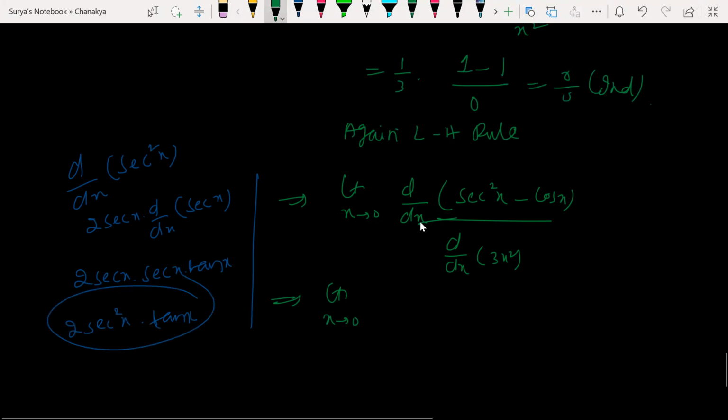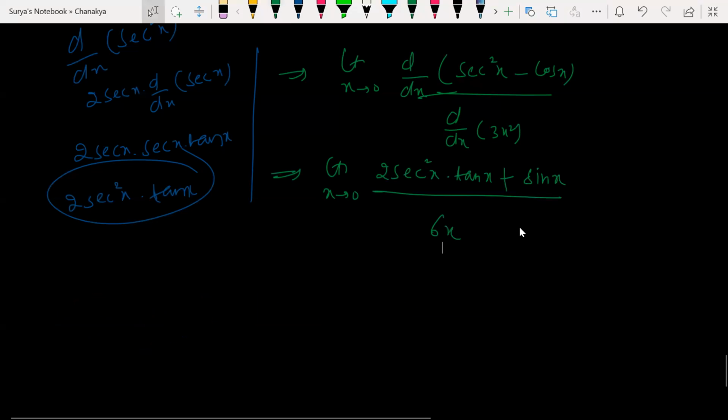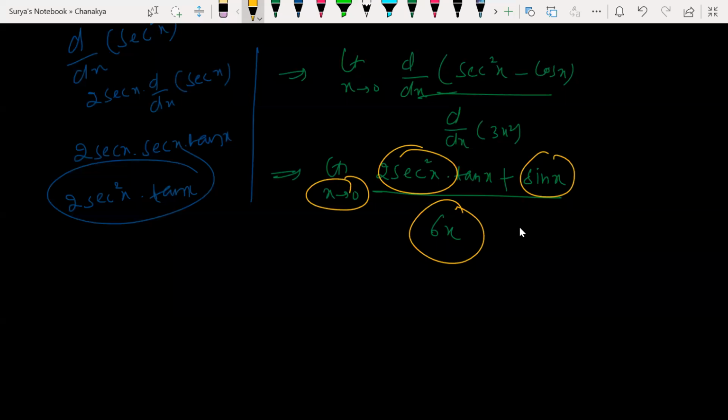So minus d by dx of cos x, which is sin x, so minus into minus is plus, divided by 6x in the denominator. But again we get 0, sin 0 is 0, tan 0 is 0, secant 0 is 1. Again 0 comes.